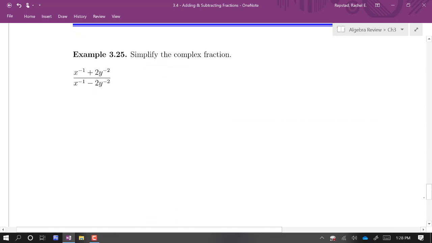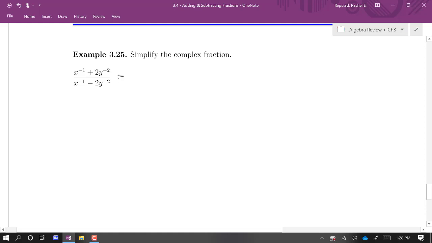We're going to end with this example here. And it might not at first look like a complex fraction, but you'll notice that there are negative exponents, and negative exponents are fractions. So it's almost like somebody's trying to be sneaky and hide the fact that they have fractions within fractions, which is not simplified.